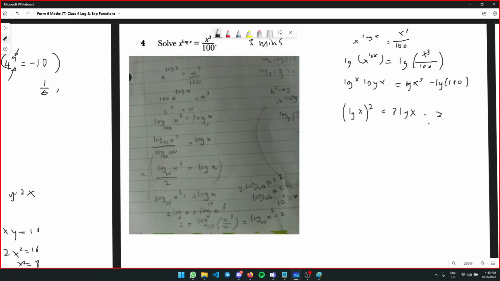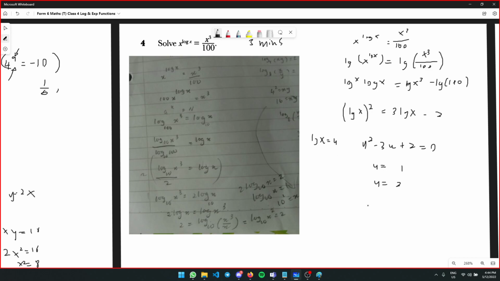For simplification purposes, I am going to say log x equals u. So that becomes u squared minus 3u plus 2 equals 0. You'll get two answers: u equals 1 or u equals 2.